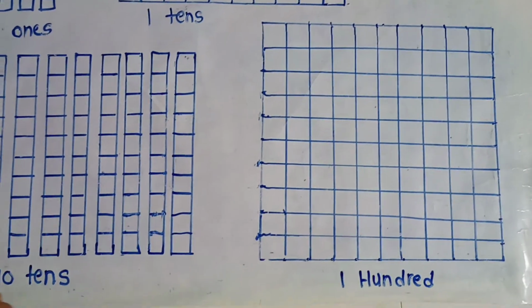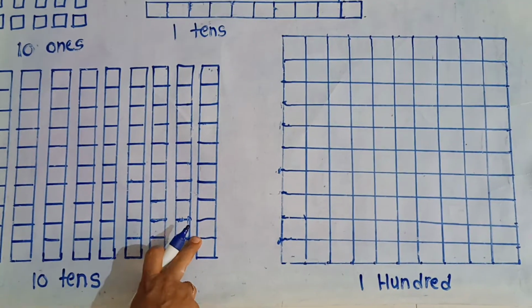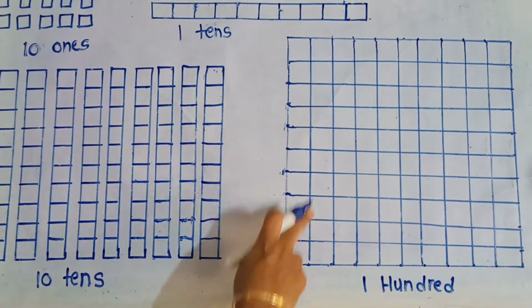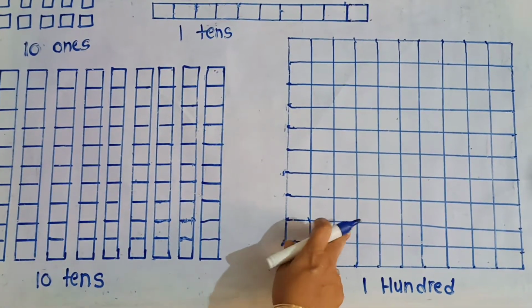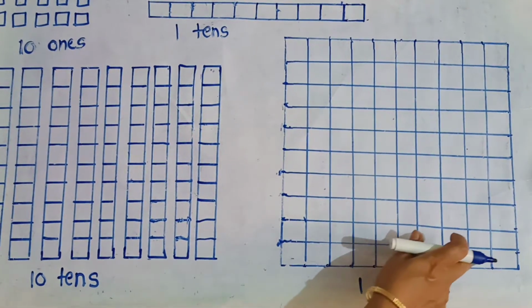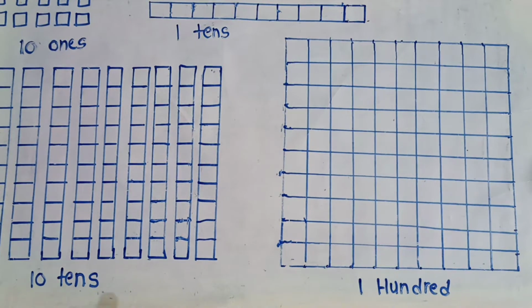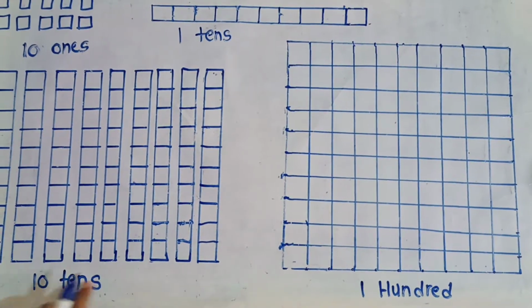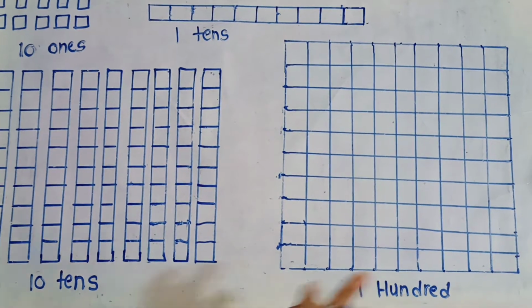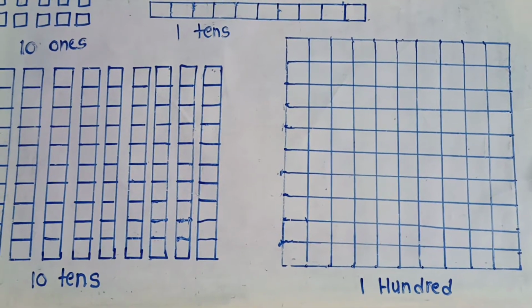When you put these 10 tens together, look here. 1, 2, 3, 4, 5, 6, 7, 8, 9, 10. Means when you put these 10 tens together, it becomes 100. Understand?